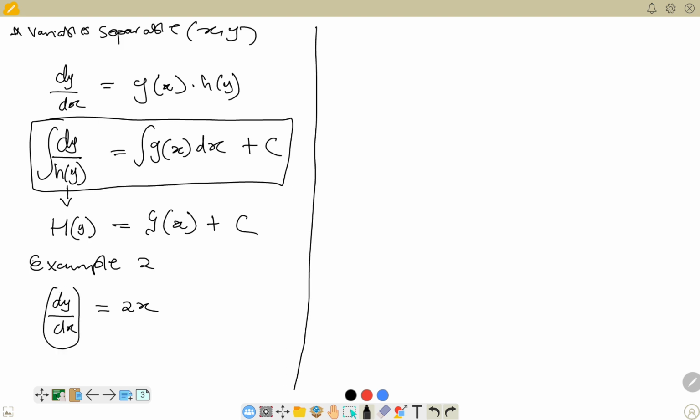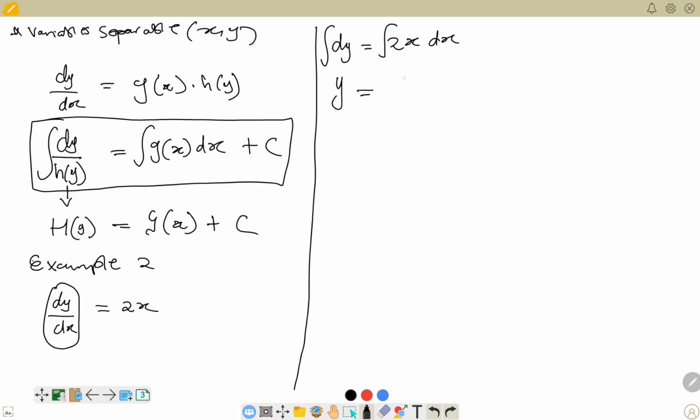Here we have dy/dx. We'll take dx to the right hand side. Then we will have dy is equal to 2x dx. Then if we integrate, we put the integral signs. Then when we integrate dy, we find that it's going to give us y.